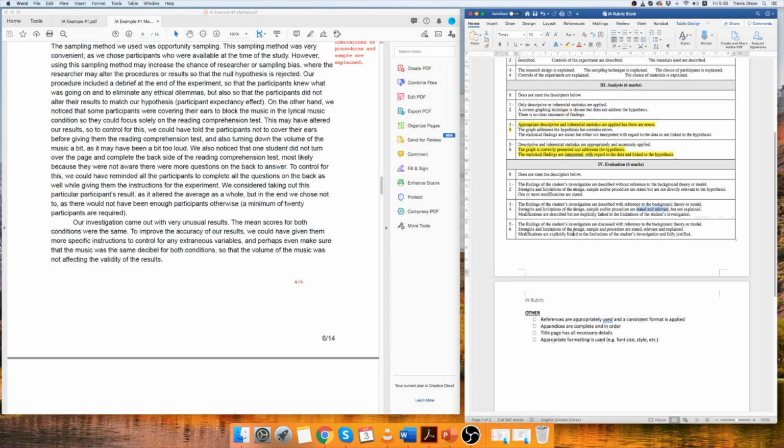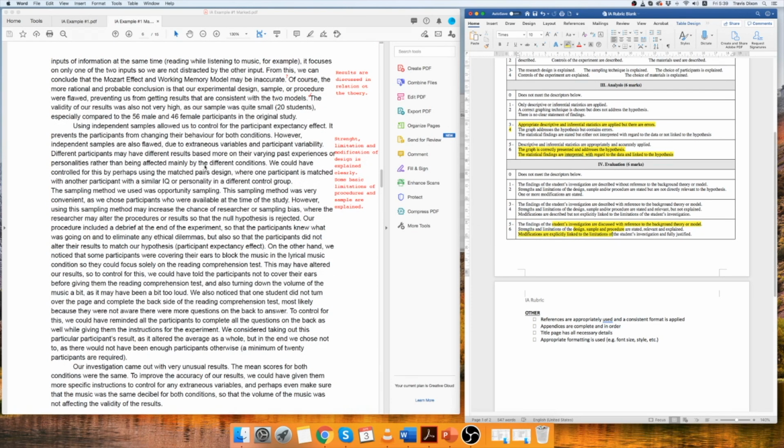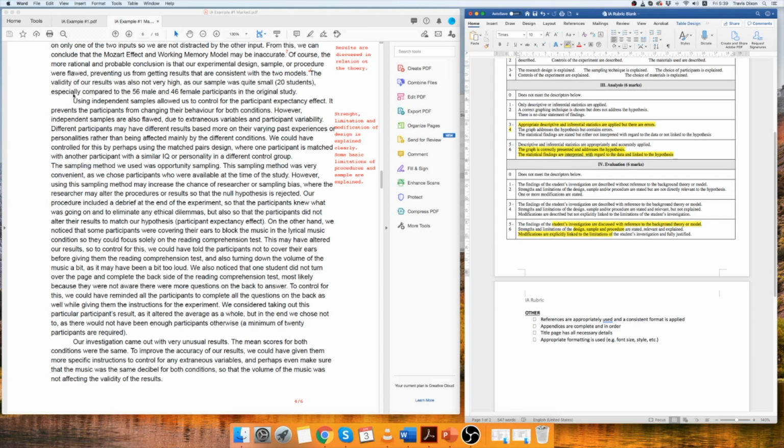So again, in the evaluation, what we're looking for here is to make sure they are discussing the background and the results in relation to the theory or the model. Make sure they have the design, sample, and procedure evaluated, and then make sure their modifications are linked to the limitations. So a couple of different ways you could structure it. You could have design, strengths, limitations, modification. Sample, strengths, limitations, modification.